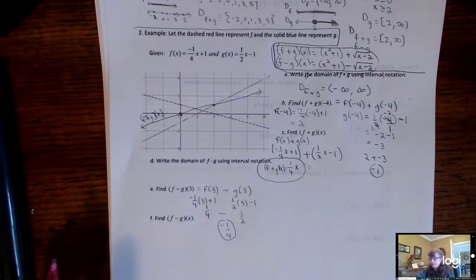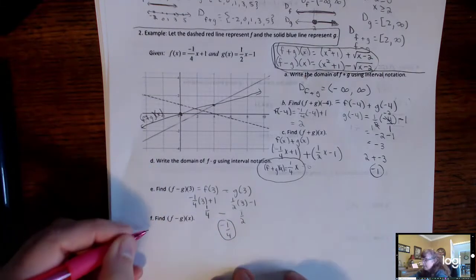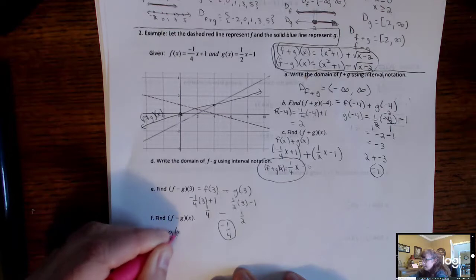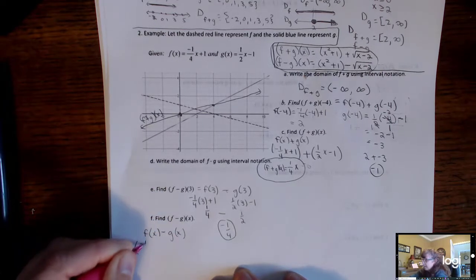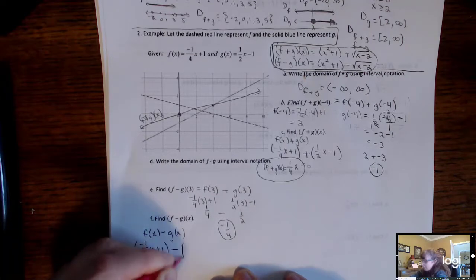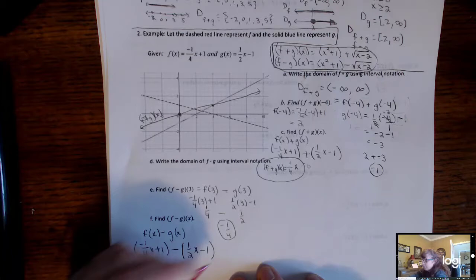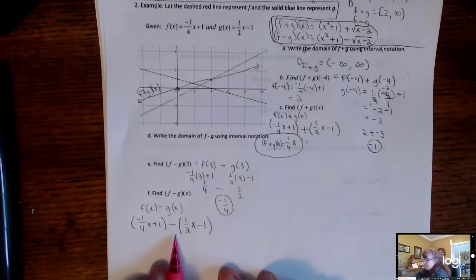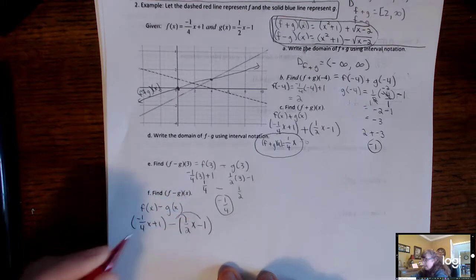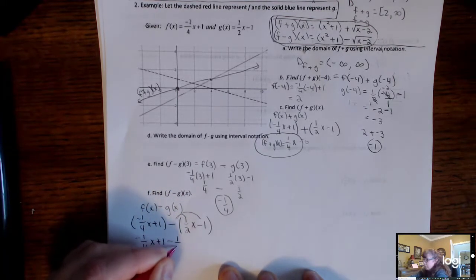And if you paused it, check to see if you did this. This minus is going to be tricky. This means f of x minus g of x. And f of x is negative 1/4 x plus 1 minus parentheses g of x, which is 1/2 x minus 1. Now see, this is where the parentheses come in handy. So many people miss this. You have to distribute this negative. So before I combine like terms, I'm going to distribute that negative.